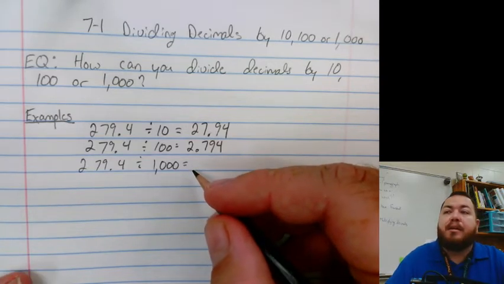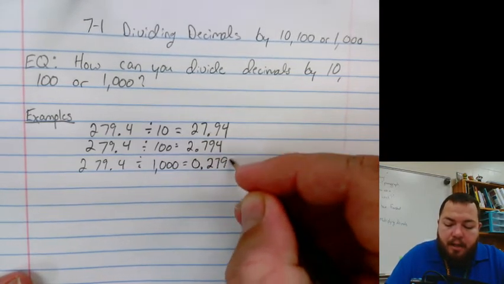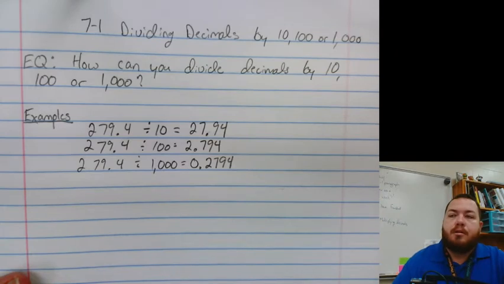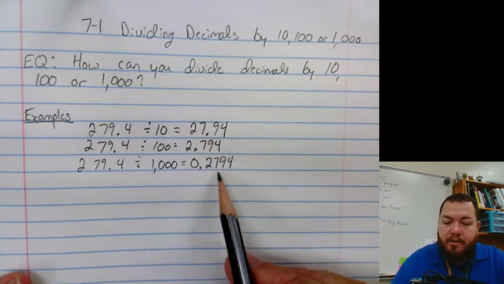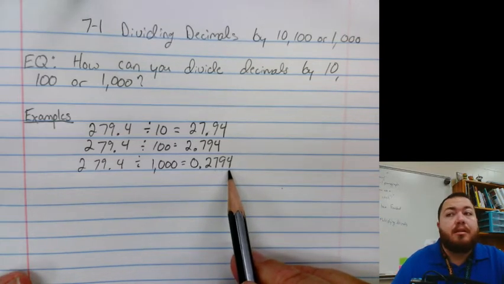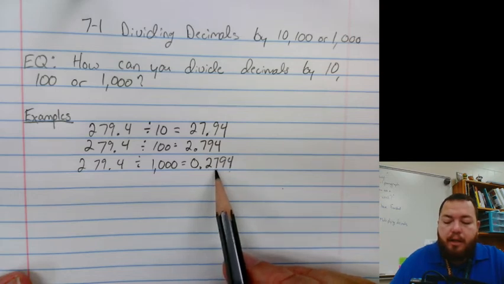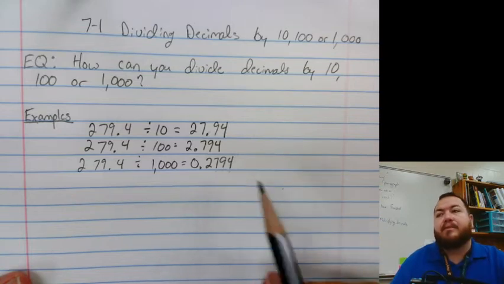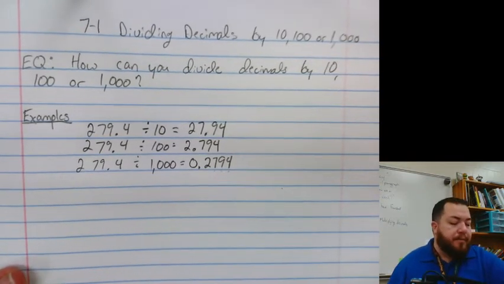Tell me how to write it, and I'll tell you how to say it. 0.2794. Okay, so this is tens, hundredths, thousandths, 10 thousandths. So 2,794 10 thousandths. Okay? That's not a number you guys will deal with a lot.